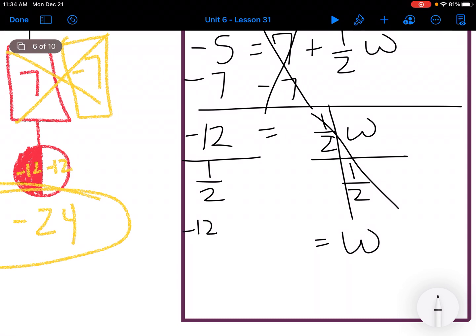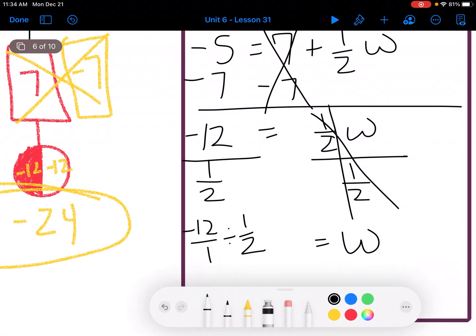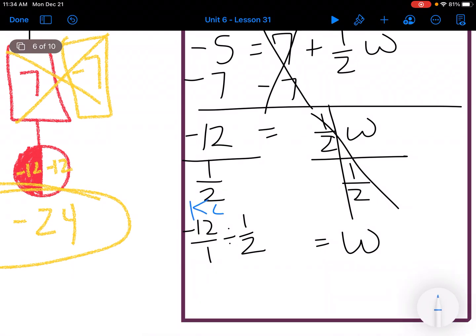Negative 12 over 1 divided by 1/2. Now I can't forget keep, change, flip, because that's just the rule when you're dividing fractions. And lo and behold, I get a negative 24.